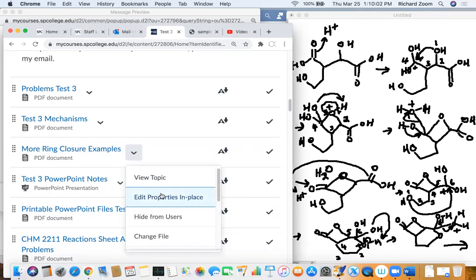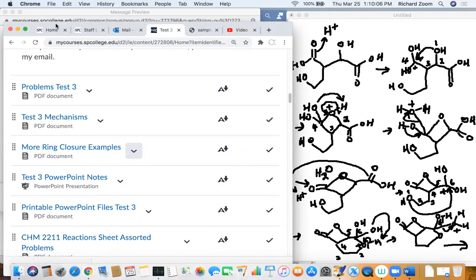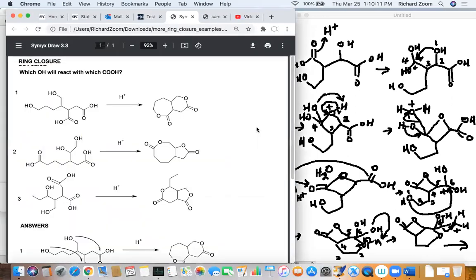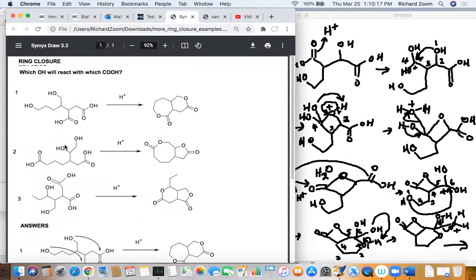You can practice on those as well. Let's download that. So there they are. So you can practice those mechanisms, and the answers are there, but not the mechanism part.